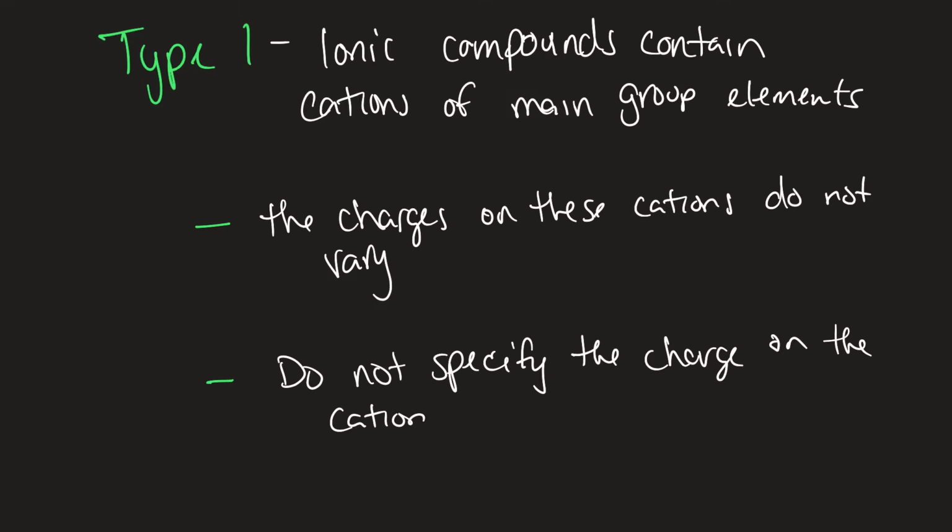Let's first talk about type 1. For type 1 compounds, there are two things you have to remember. First, the charge of the cation doesn't vary. It stays the same. That's always true with the anions, regardless of whether it's type 1 or type 2. Secondly, you do not specify the charge of the cation within the name.